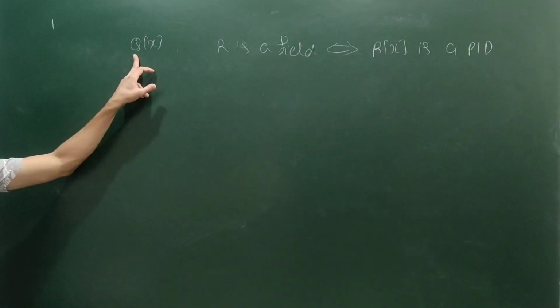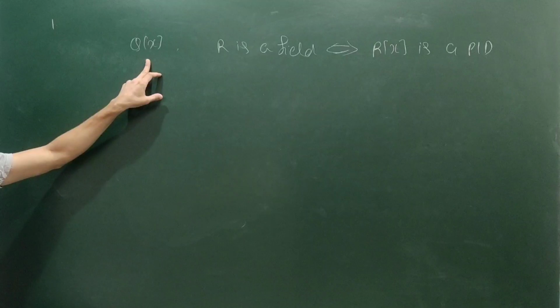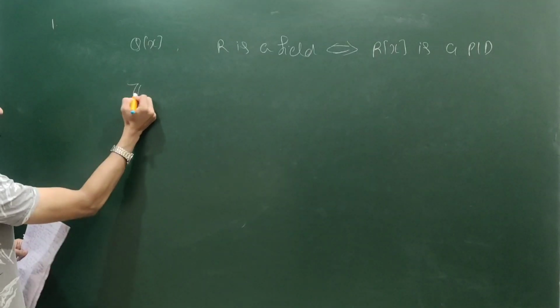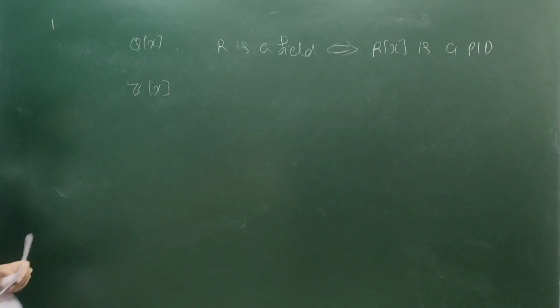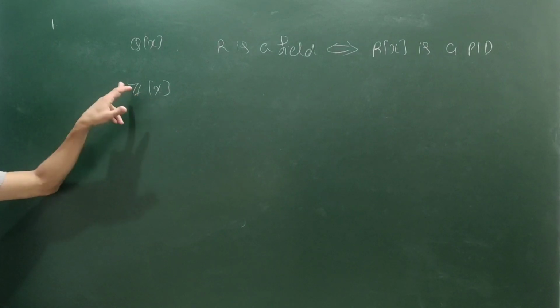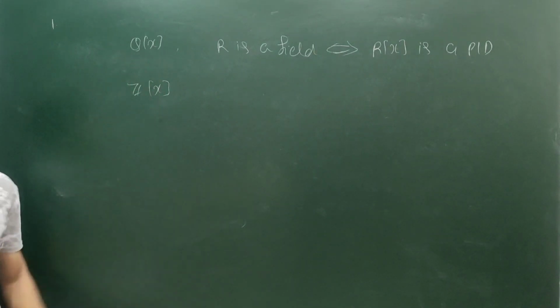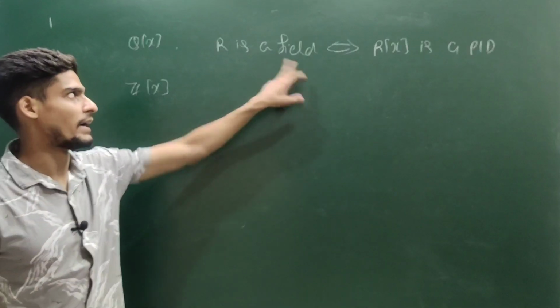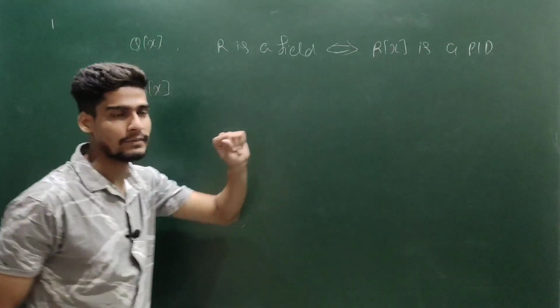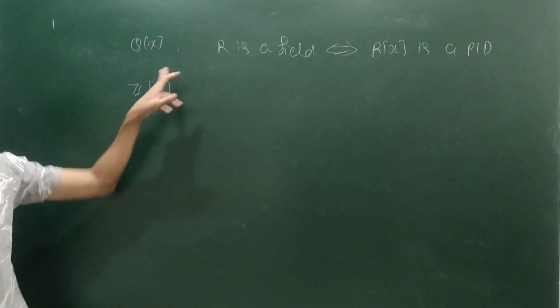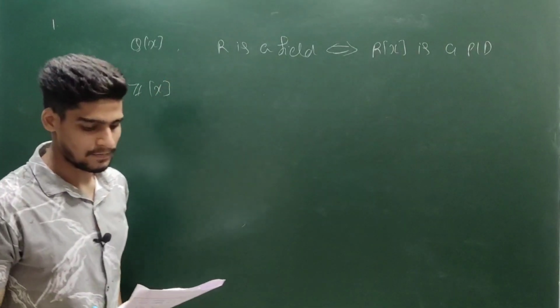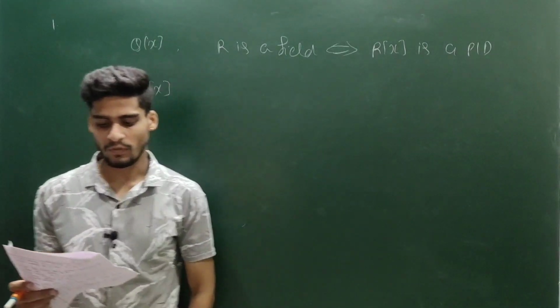So this Q being a field, by this statement Qx is a PID. If you take the subring Zx, it is with unity, it is commutative, it is a subring of Qx, but it is not a PID by this statement: R is a field if and only if Rx is a PID. This Z is not a field, so Zx is not a PID. So this is false.